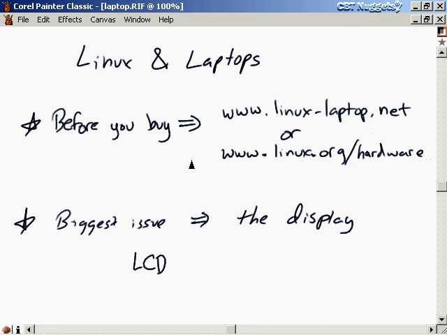A lot of high-end laptops have Ethernet cards nowadays. So again, you have to make sure that that particular Ethernet card is supported by Linux. It's just a lot of little issues, and you should check through here before you even buy a laptop if you intend to run Linux on it, because it'll make your life a lot easier. You won't have to experiment as much and spend as much time setting it up, and you'll get to use it pretty much right away.